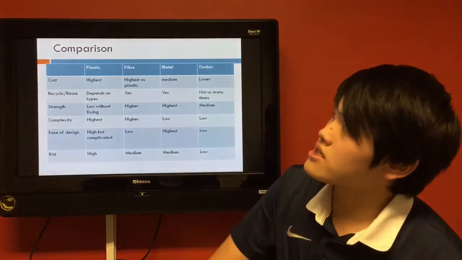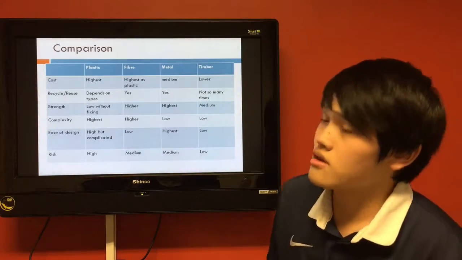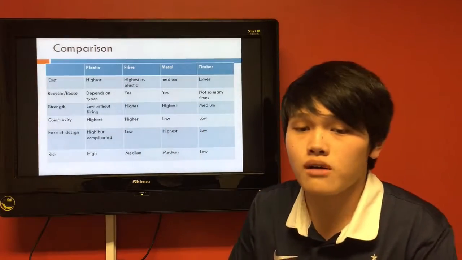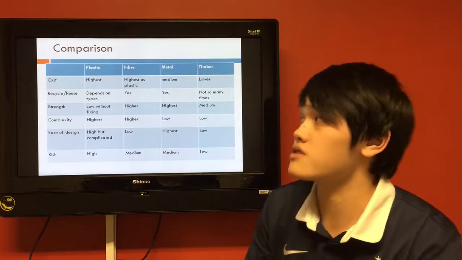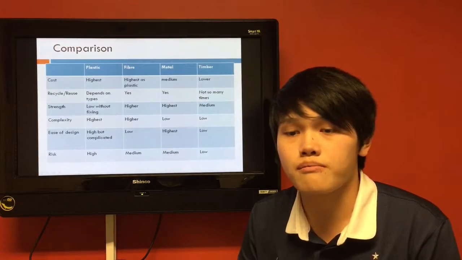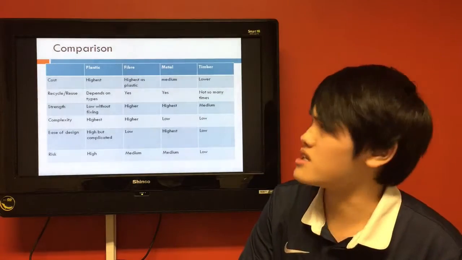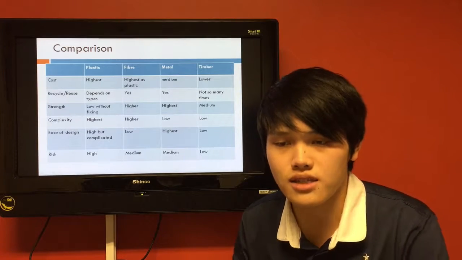Okay, this is the comparison part, and the steel of our topic is included in the metal. We'll talk about the cost first. Plastic and fiber are relatively high because they are made from petroleum, and the filtration and production cost is quite high to make a plastic.